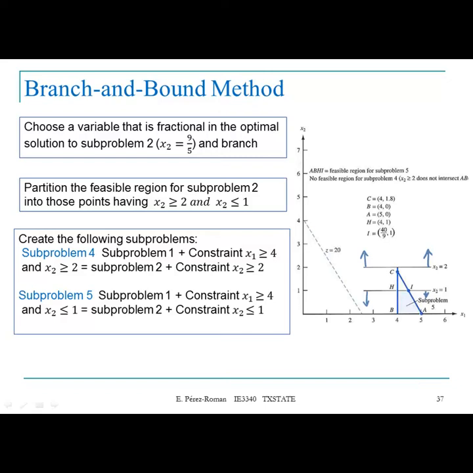In this case, they are horizontal, so they go up and down. So your feasible region now is here for subproblem 5. The other area is outside the original subproblem, which tells you that there will be no solution here. Now we're going to focus on this small area.